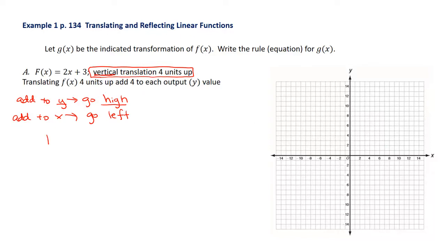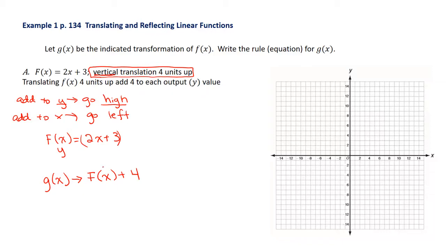So we're going to remind ourselves that f of x, which is the same as y, is equal to 2x plus 3. So we're going to have to add 4 units to this entire piece. All right, so we know that g of x is going to be the same as, or translated, f of x plus 4.